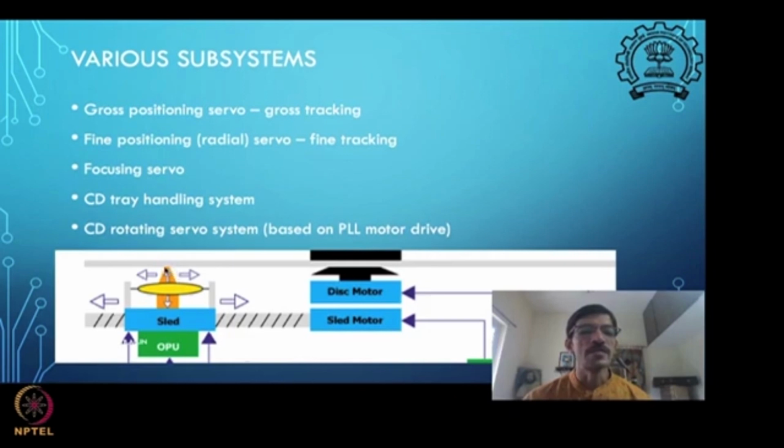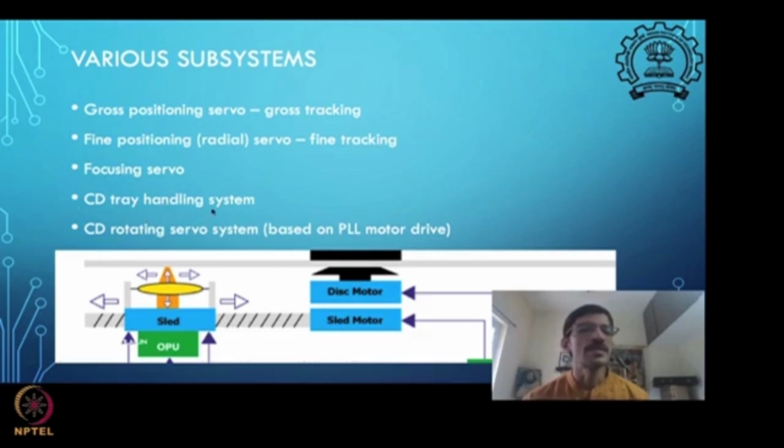So the surface may have a few microns of undulation, and you need to tightly focus the laser onto the surface from where the data is to be picked up. There must be some kind of focusing servo, or auto-focusing, happening inside the CD. So there must be some small fine motion given in the focusing direction.